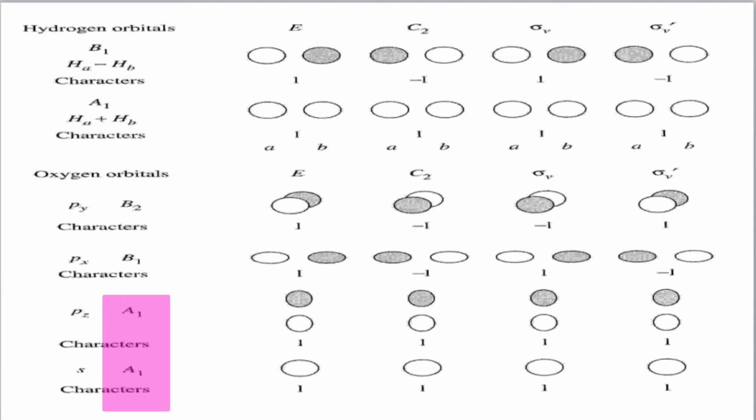Yes, 2 A1 players are there, both will be sent. So 2 players from oxygen and 1 player from hydrogen. In other words, 2 orbitals from oxygen and 1 orbital from the group of the hydrogens. Total 3 orbitals are combining. Again, as per molecular orbital theory, if 3 orbitals are interacting, 3 molecular orbitals will result: 1 bonding, 1 non-bonding and an anti-bonding.